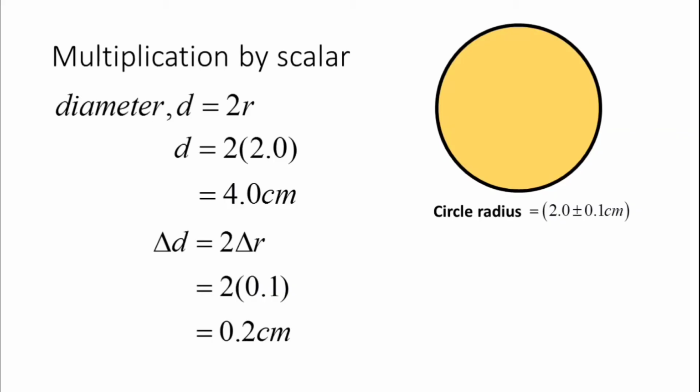So we have 2 times 0.1 equals 0.2 centimeter. So the value of the diameter is 4.0 plus minus 0.2 centimeter. When writing the answer, make sure the value and the uncertainty have the same decimal.